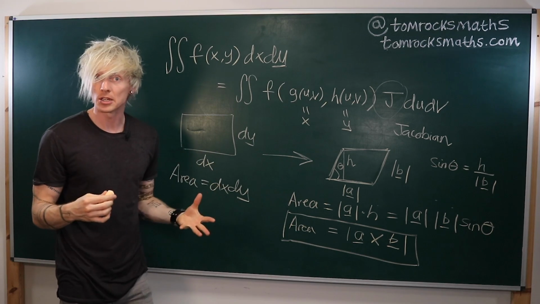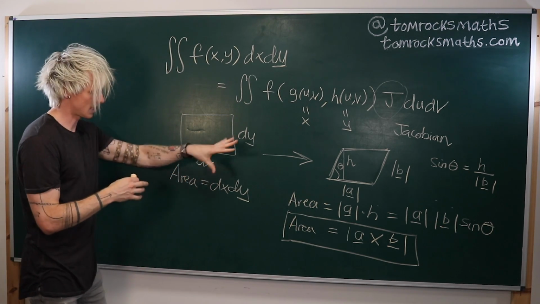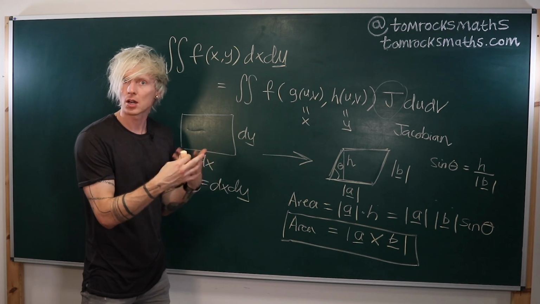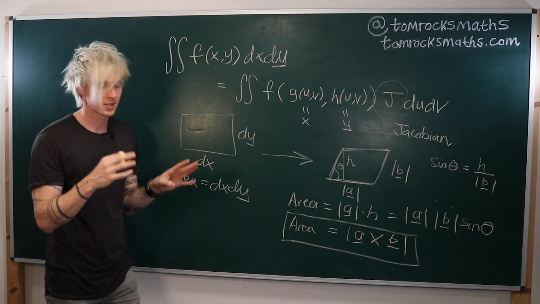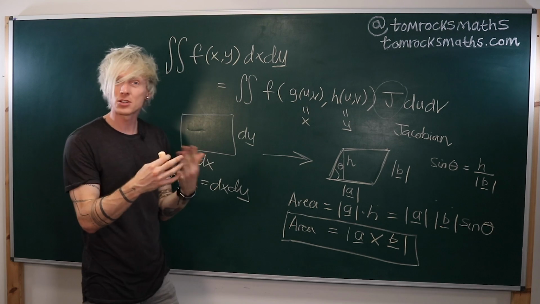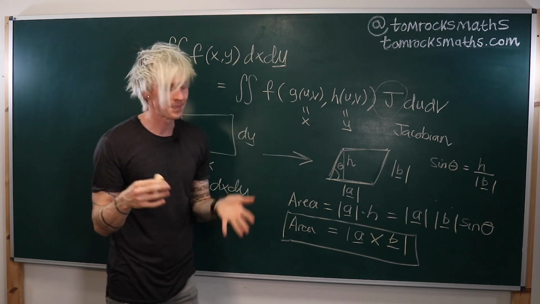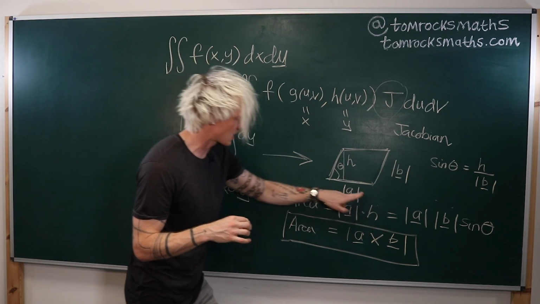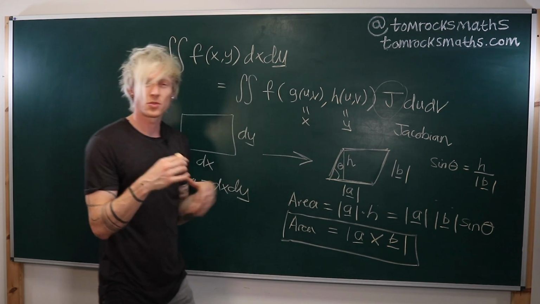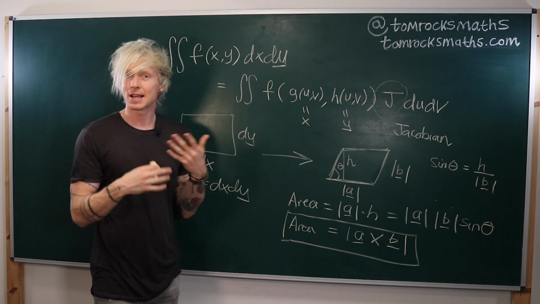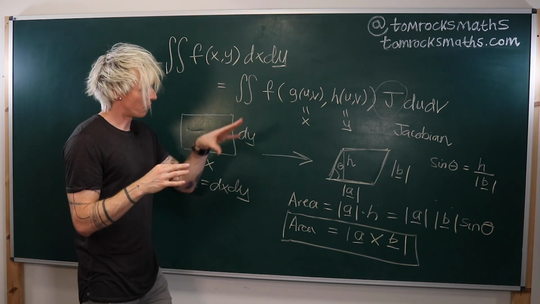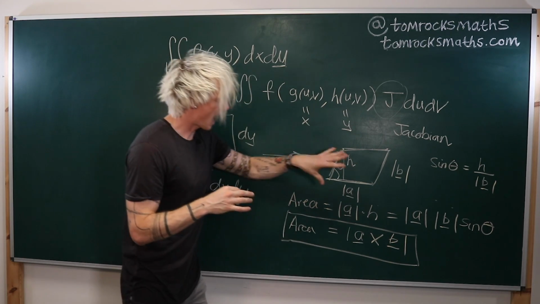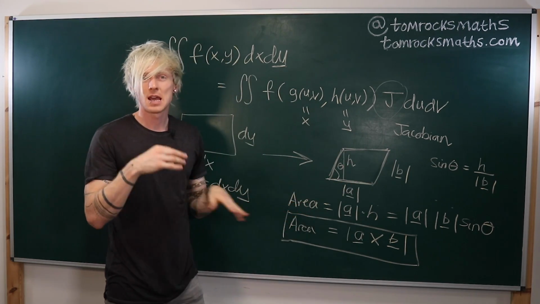So what this is telling us, geometrically, is that a small piece of area as a rectangle in the Cartesian plane, x and y coordinates, is transforming into some general parallelogram, and the area there is a cross b, where a and b are the vectors describing the two sides of our parallelogram. So in order to get the formula for this area, we now just need to work out how do we represent our vectors a and b.